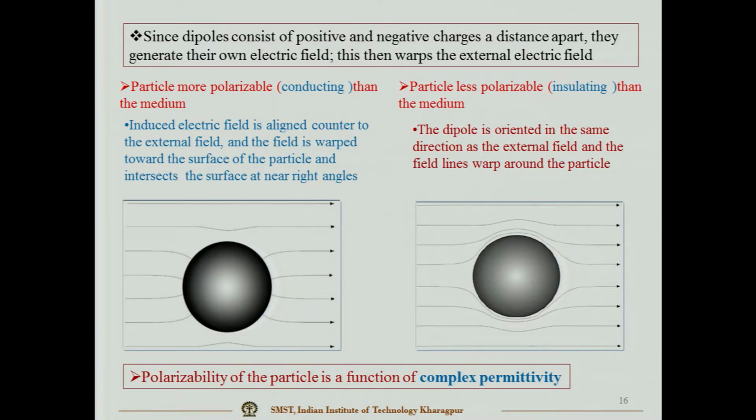So, what happens, since the dipole consists of positive and negative charges a distance apart, they generate their own electric field. This then warps the external electric field.